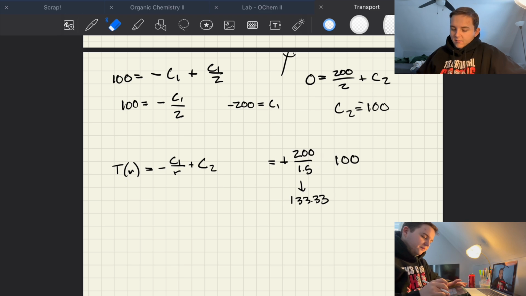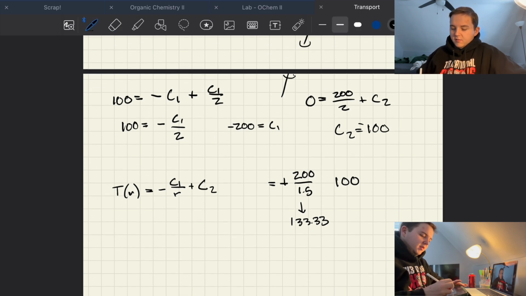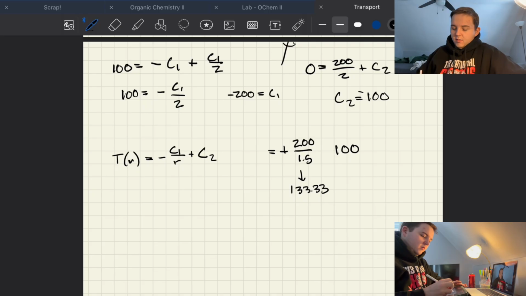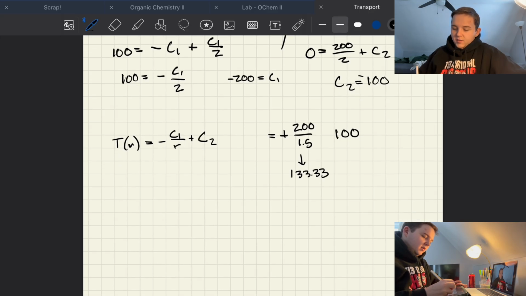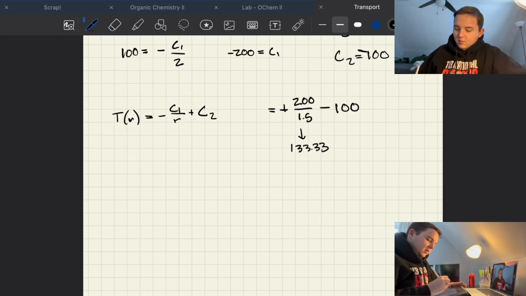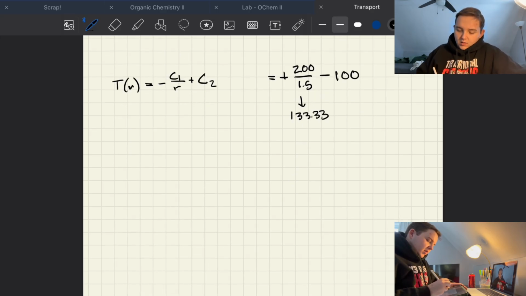I just forgot when solving for C2, you're going to have to subtract C2 over to get 100, so C2 is equal to negative 100. So 133.33 minus 100. Our temperature at the midpoint is going to be equal to 33.3 repeating degrees Celsius.